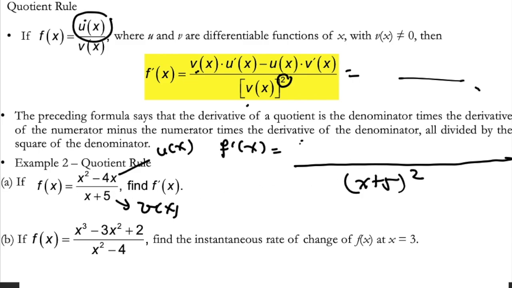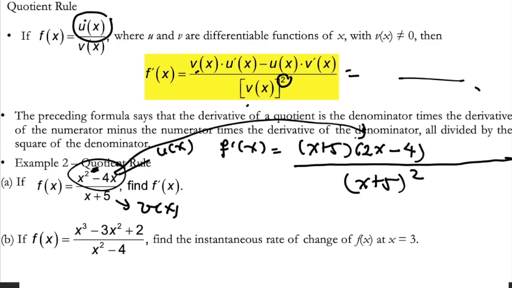We write it again here, x plus 5, but you differentiate the u(x) here. So when you differentiate u(x), x squared becomes 2x, minus 4x becomes 4. So this is basically u prime x, and this is basically v(x). I'm done with this bit.